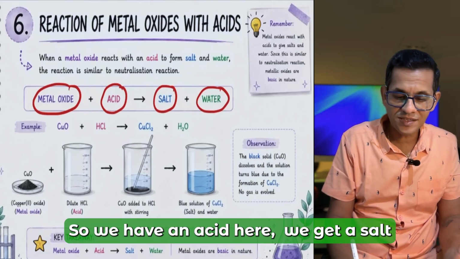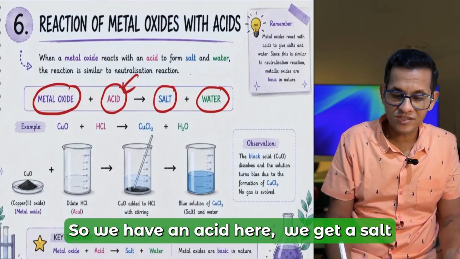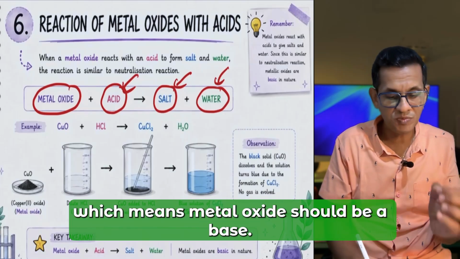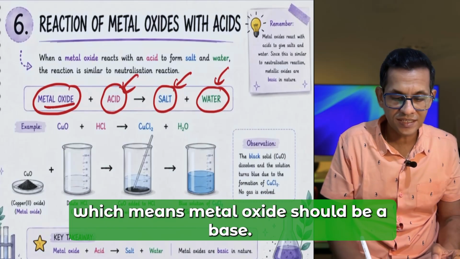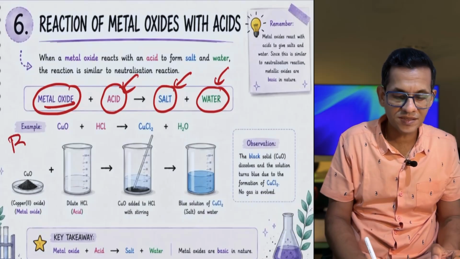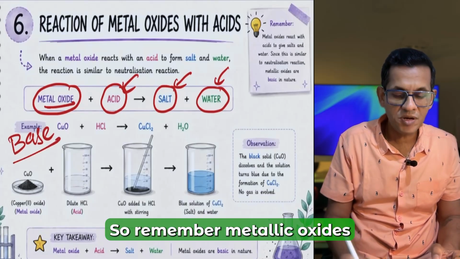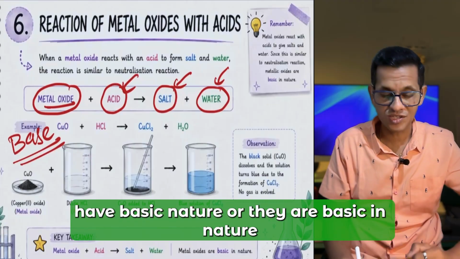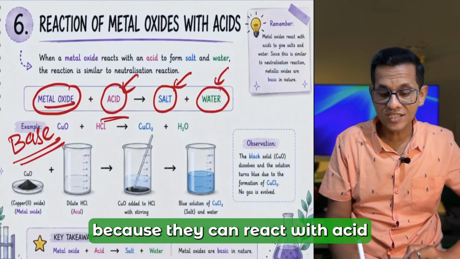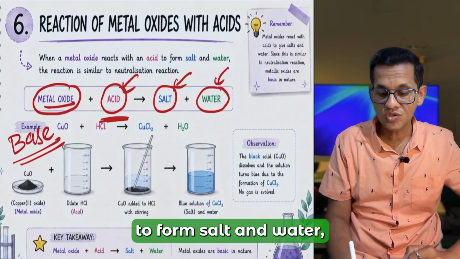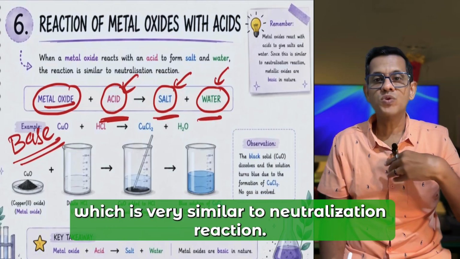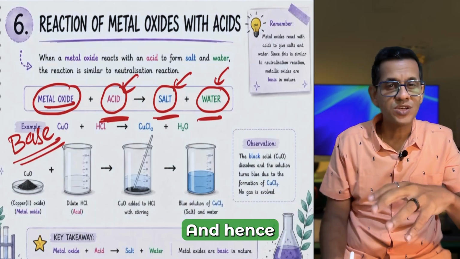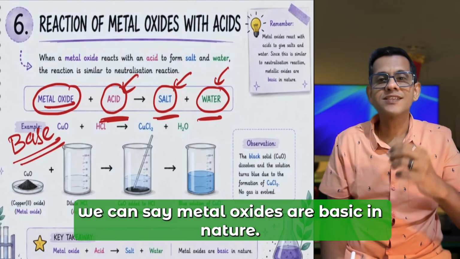So we have an acid here, we get a salt and we get water, which is same as neutralization reaction, which means metal oxide should be a base. So remember, metallic oxides are basic in nature because they can react with acid to form salt and water, which is very similar to neutralization reaction.